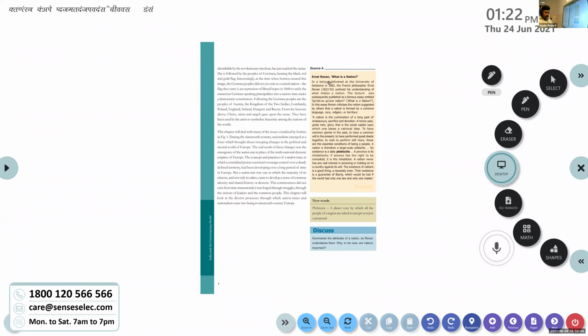But after the idea of nationalism started spreading in different parts of Europe, the people turned against these monarchical governments and established democratic governments. That's the final result of these changes, the emergence of nation states.